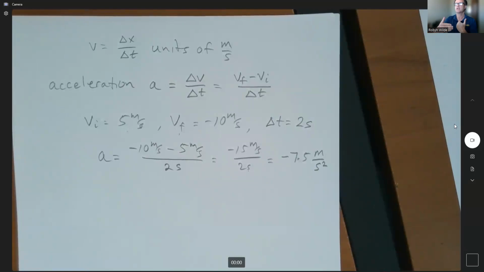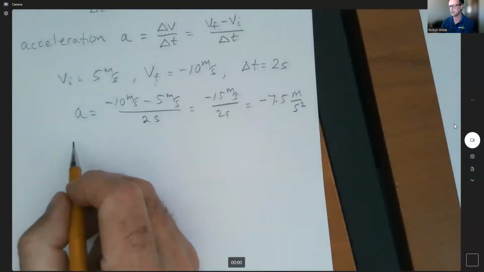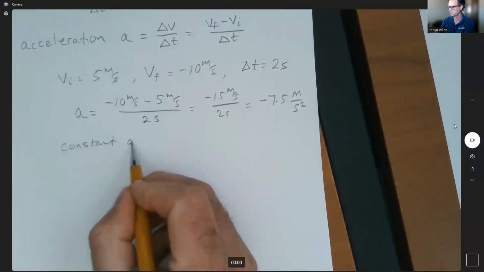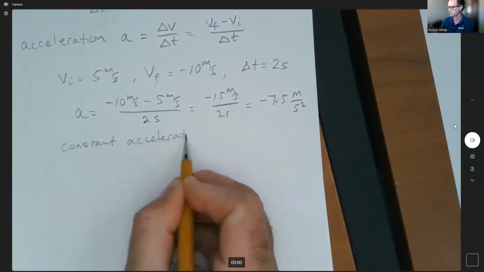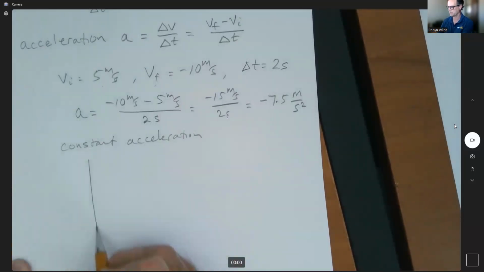So once I hit 0 velocity, I am going to speed up and go the other way. So hopefully that makes sense, right? The acceleration is negative. And so if I were to assume that, let's say I had a constant acceleration, what would my velocity versus time graph look like?